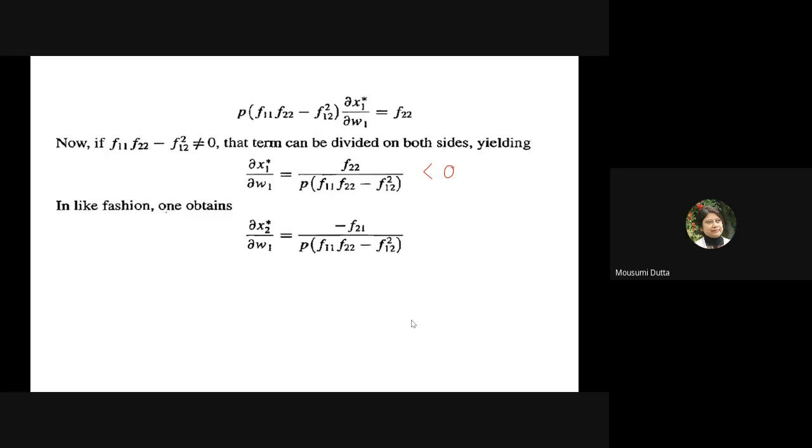If F21 is positive, this is negative. That is, as W1 increases, the price of input 1 increases, and demand for input 2 is also falling. That indicates the two factors are complementary in nature. Isn't it?